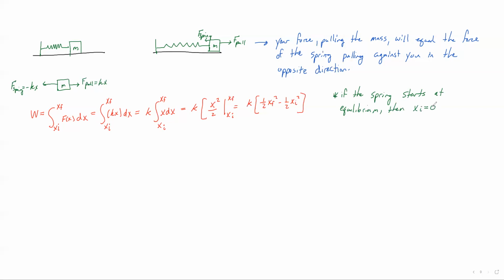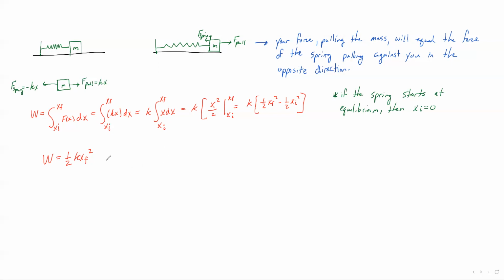Because the x value is your distance from equilibrium. So if you're starting at equilibrium, that's just 0. So what I would do is put that in there, and I get work is equal to 1/2 k xf squared. And that would be the answer to that problem.